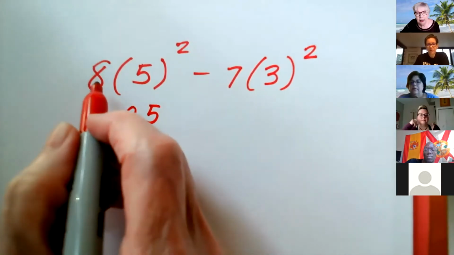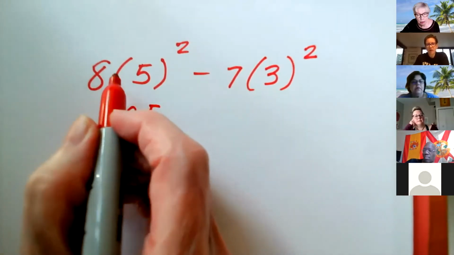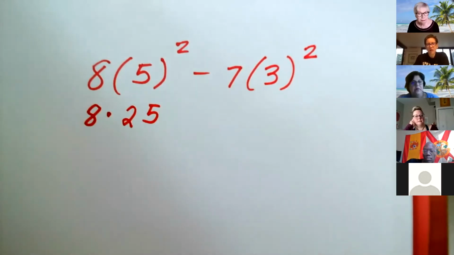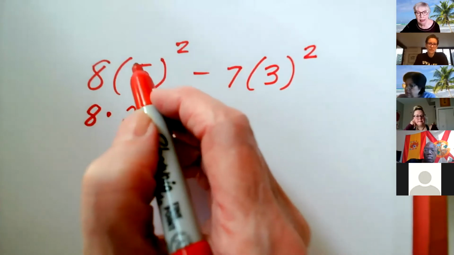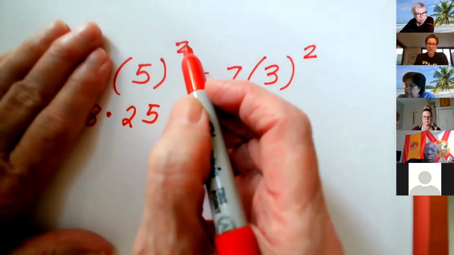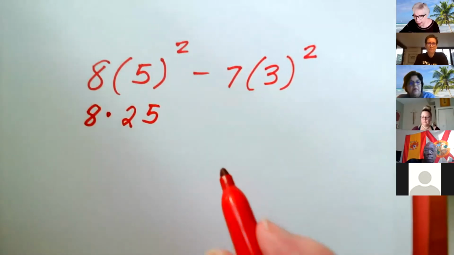Now the 8 next to the parentheses is interpreted as multiply. Why is the 2 not inside the parentheses then? It could have been either way, but they tend to write it outside, and they use parentheses to define what's squared.